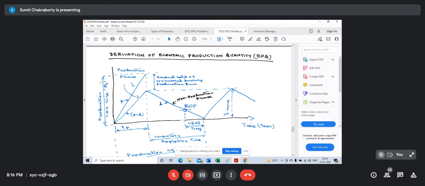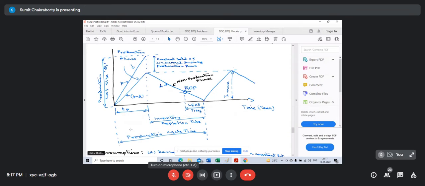Even though the production lot size is Q, in that Q we have also consumed at the rate of D per day or per week. That is why the maximum inventory as soon as production stops is I max. Time TP, T subscript P, is the cycle time of the production phase, and TD is the cycle time of the inventory depletion phase, the non-production phase. So TP plus TD equals the production cycle time.